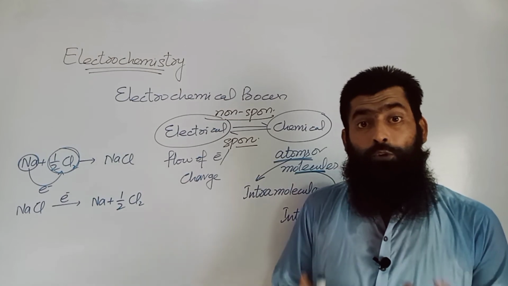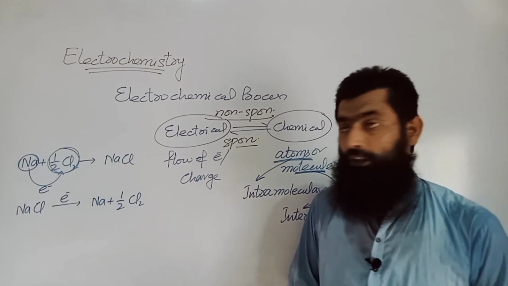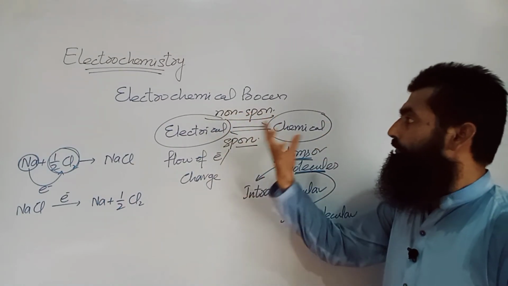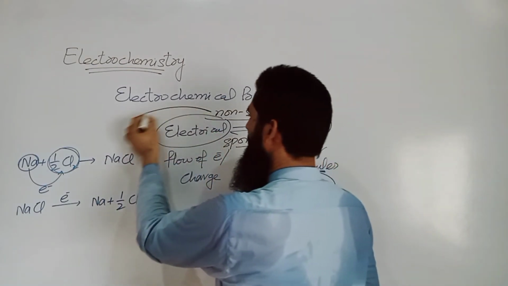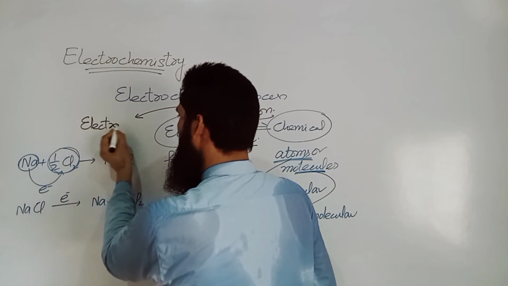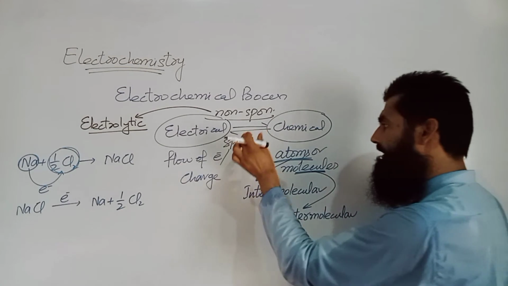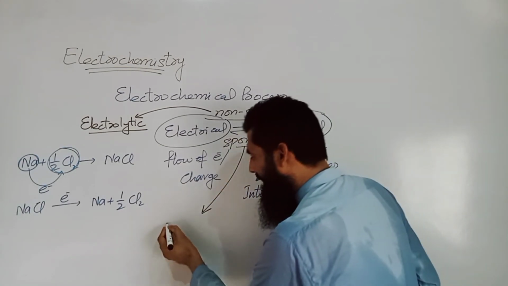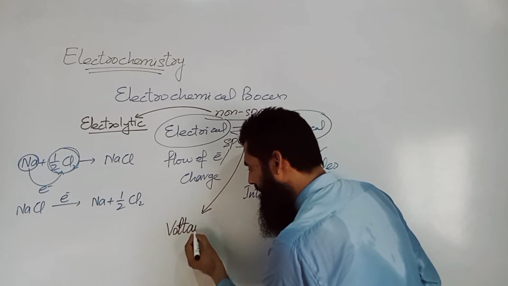And there are two kinds of cells, just as there are two kinds of processes. For the non-spontaneous process, we need a cell which is known as an electrolytic cell. Whereas for the spontaneous process, we need a cell which is known as a voltaic cell or galvanic cell.